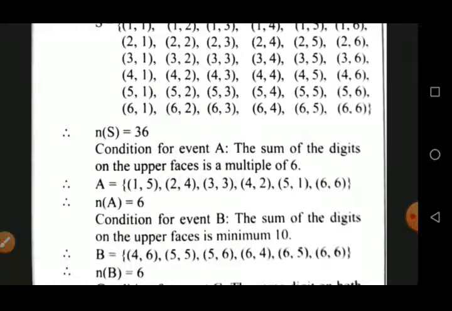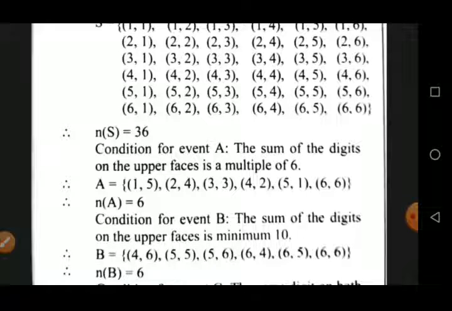Condition for event B. The sum of the digits on the upper faces is minimum 10. The condition is for minimum, not for the maximum. Now, which sample points come in this event B?